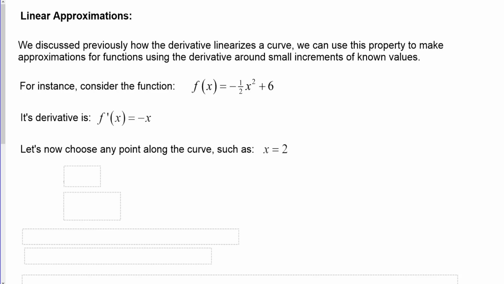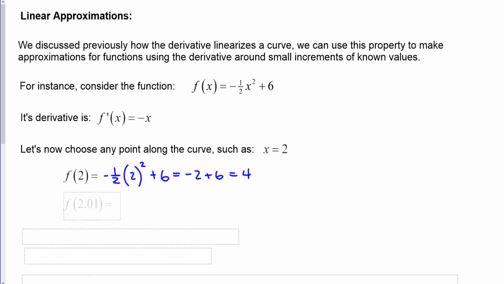So, the function evaluated at positive 2 is negative 1/2 times 2 squared plus 6, which would be, so 2 squared is 4, 4 divided by 2 is 2, so negative 2 plus 6, which is 4. So this function evaluates to 4.